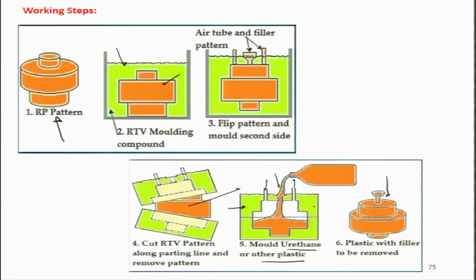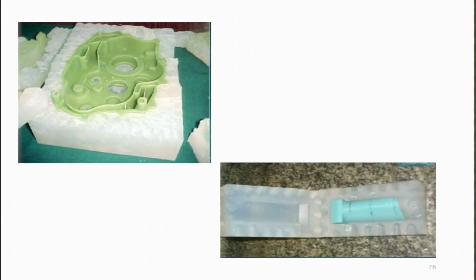It can be solidified and this can be gotten rid of later, and many cycles can be made through such soft molds. So this is what the silicone rubber tooling technique is like. These are some of the illustrations of what can be done. With silicone rubber you can see this complex part being created through a plastic material, where the plastic can be retrieved later and the mold can be used for the next run.